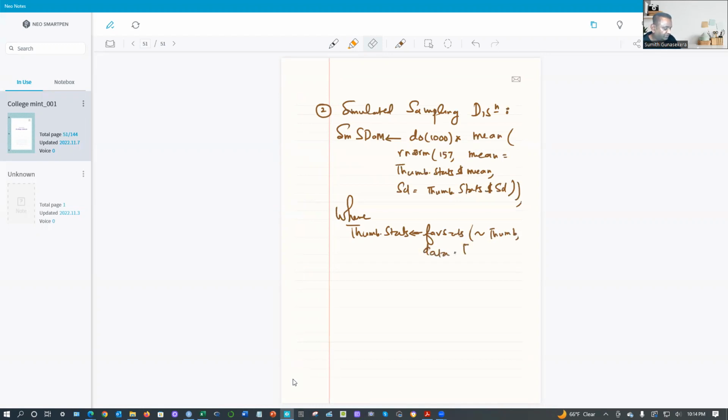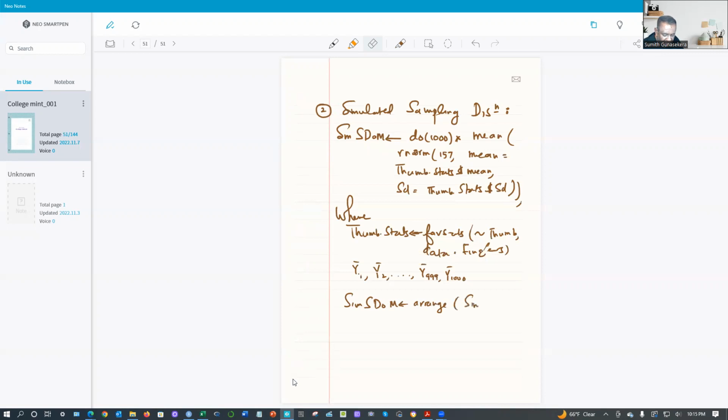Then you can draw the histogram, and you have a simulation, and then you rearrange. You have y bar 1, y bar 2, up to y bar 999, y bar 1000. Then you rearrange and put it back: sim sampling distribution of mean, arrange, sim SDM.